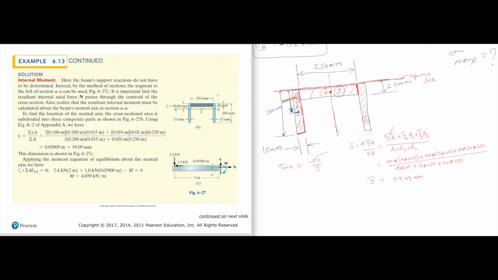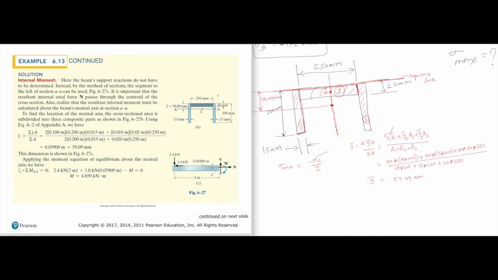That means the centroid lies on this line, but at a distance of 59.09 from the reference line.